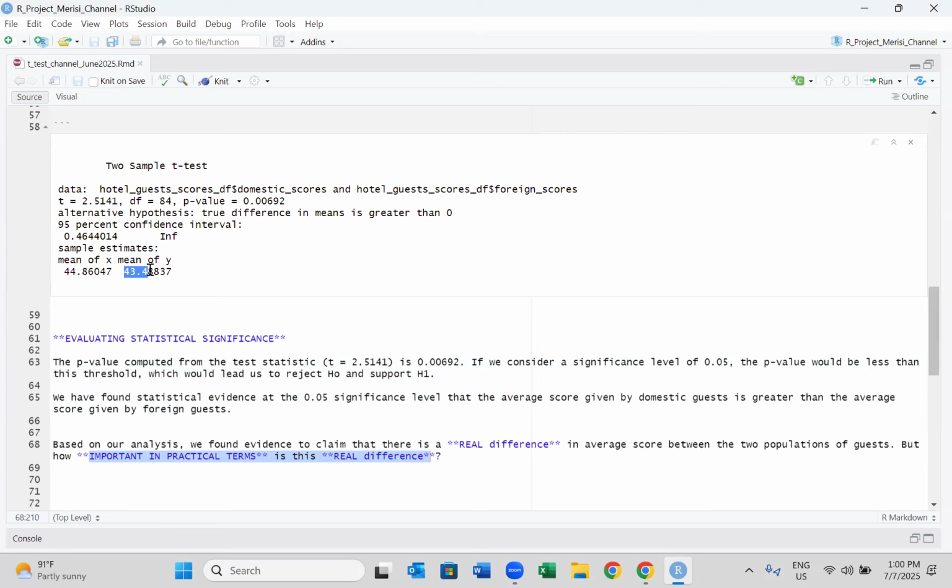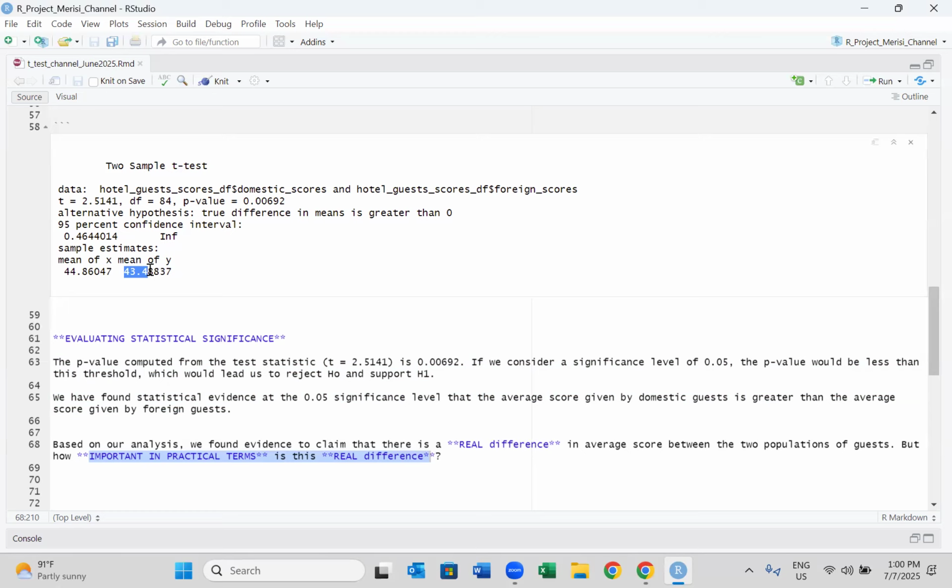Does it matter that the average score provided by domestic guests is 1.5 higher than the average score provided by foreign guests? Does that matter? Will the management of this hotel do anything different, or will they need to do anything different because of that? Okay. So what are the implications of this in practical terms? That is the evaluation of practical significance, and that's what we're going to discuss now.